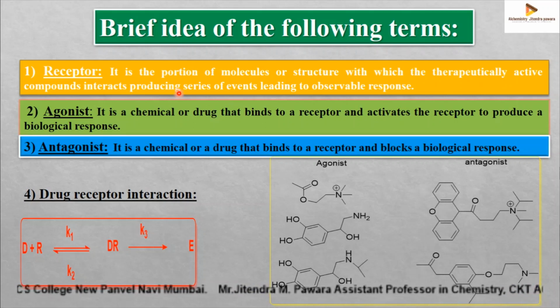Some structurally specific drugs, after interacting with a specific cellular component known as the receptor, form a complex with that receptor. Chemically, the receptor is a structural component and biologically, the receptor is a micro anatomical term.